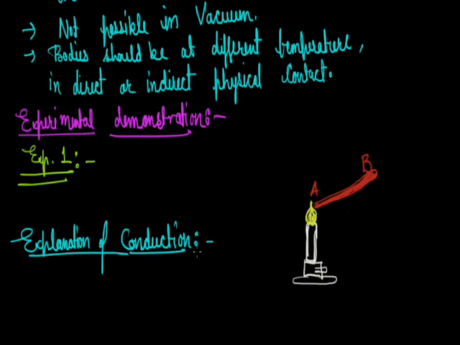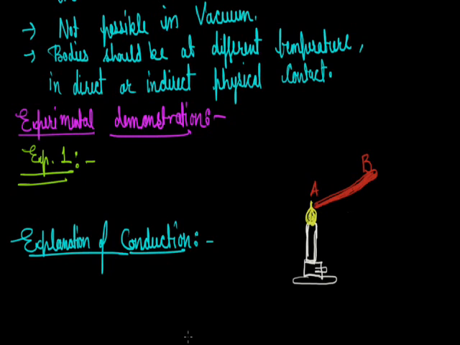Each solid contains atoms in a regular arrangement and they vibrate about their mean positions under the attractive forces amongst them. On heating one end of the solid, the atoms at the heated end absorb energy and begin to vibrate with a large amplitude without leaving their mean positions. They set the neighboring atoms also in vibration by the transfer of part of energy to them.